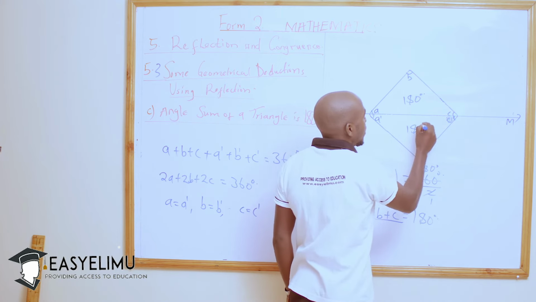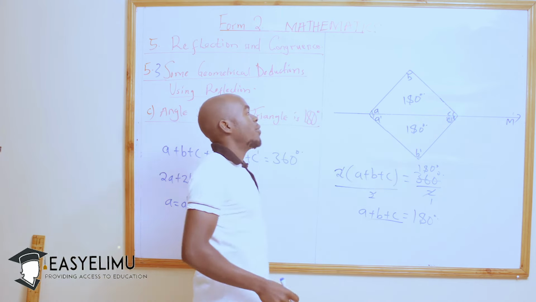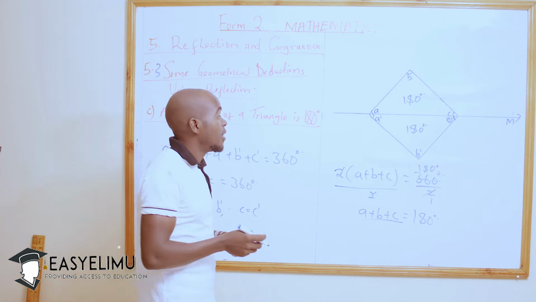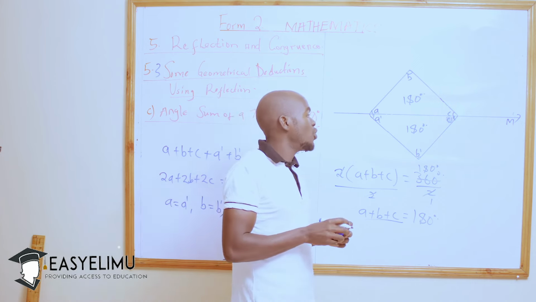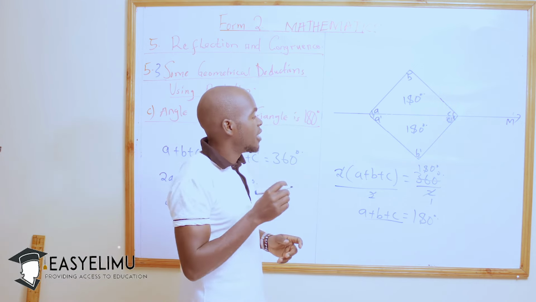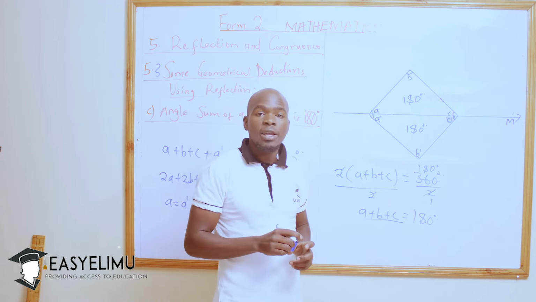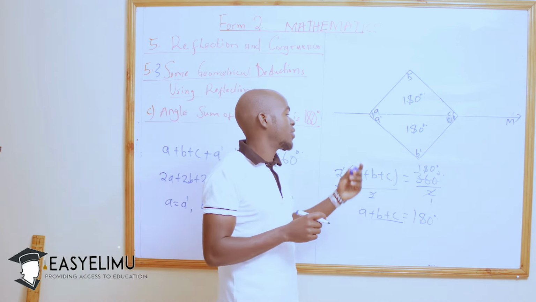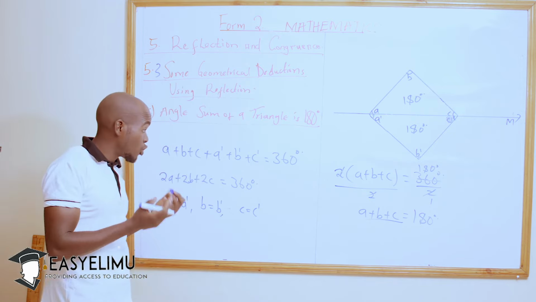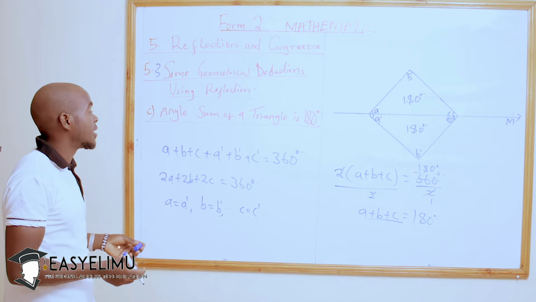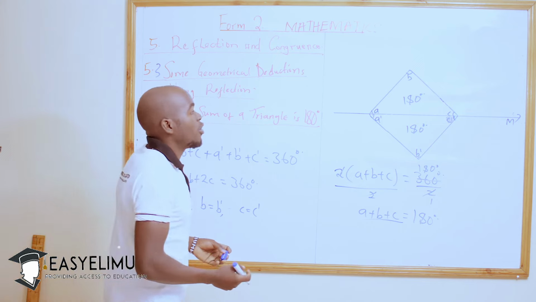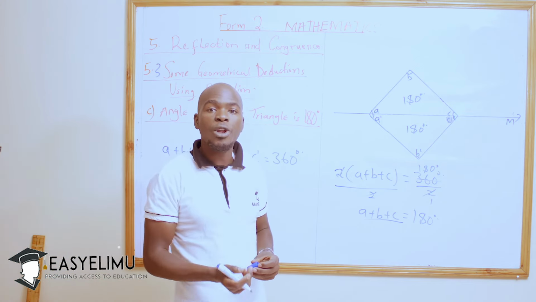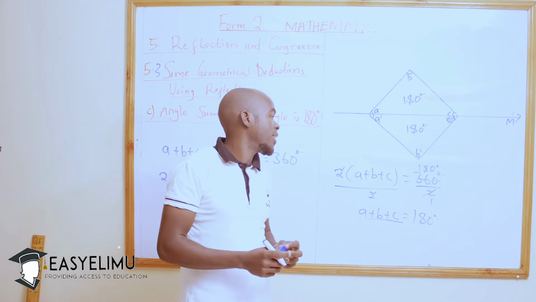And since A and A prime, the corresponding angles of the image and object, are the same, if you add them, you will also find the image angles add up to 180 degrees. And that's what we have found. So we have concluded and also seen that angles in a triangle add up to 180 degrees with the help of reflection, as we can see there.